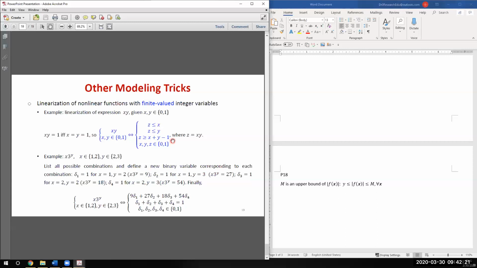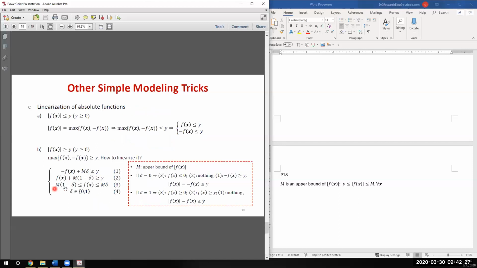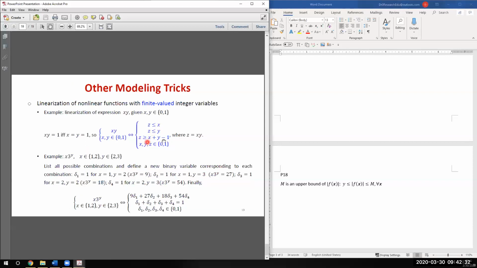Still no contradiction, so you still have z equal to 0. This constraint 3 is something similar to the constraint 3 here. You see the point? Again, the key is that you build a constraint such that, first, for the case you are discussing, for example, x and y both being 0, this one is satisfied.